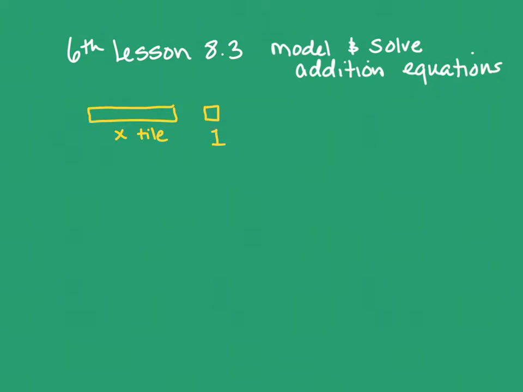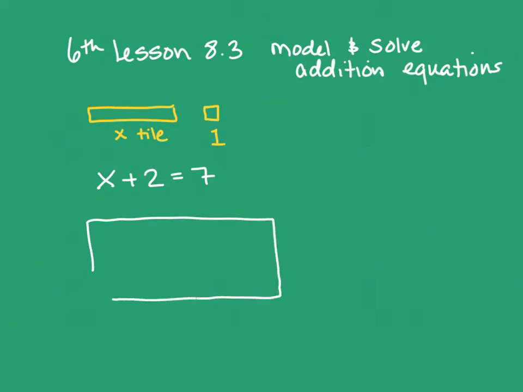So first, let's let our brain see what's happening. They want us to model the equation with algebra tiles, x plus 2 equals 7. That's the first thing they want us to do. What they mean by model that is we're going to take this box, a mat usually is what they give you, and I'm going to put the equal sign here.